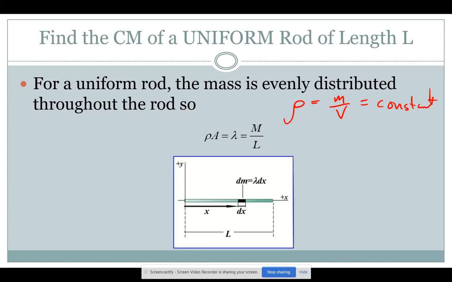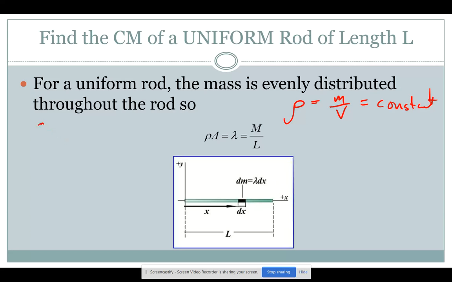Now, for a rod of negligible radius, we'll treat it as a one-dimensional object. Obviously, a real rod is three-dimensional. But if it has a small radius, we'll say we can treat this as a one-dimensional object. And so we'll just take the cross-sectional area.